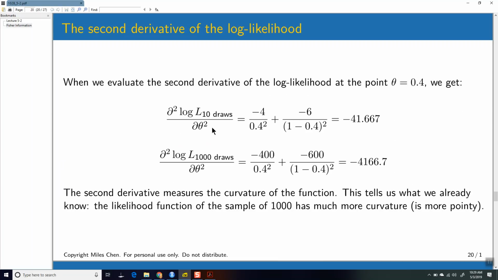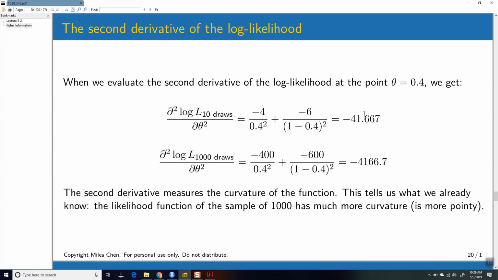So when we're looking at the second derivative, and we look at how much data we have from 10 observations and how much data we have from 1,000 observations, if we call this information, this quantity is 100 times bigger than when we had 10 observations, okay?